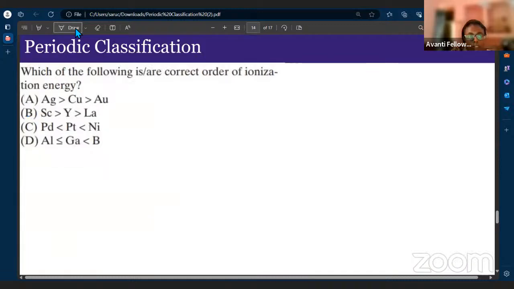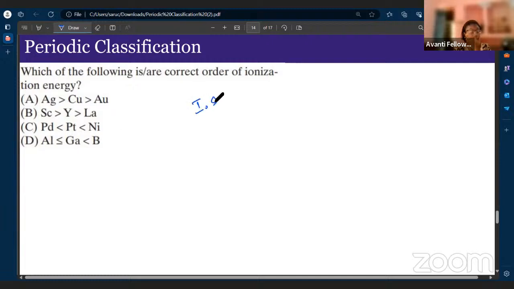Which of the following is the correct order of ionization energy?